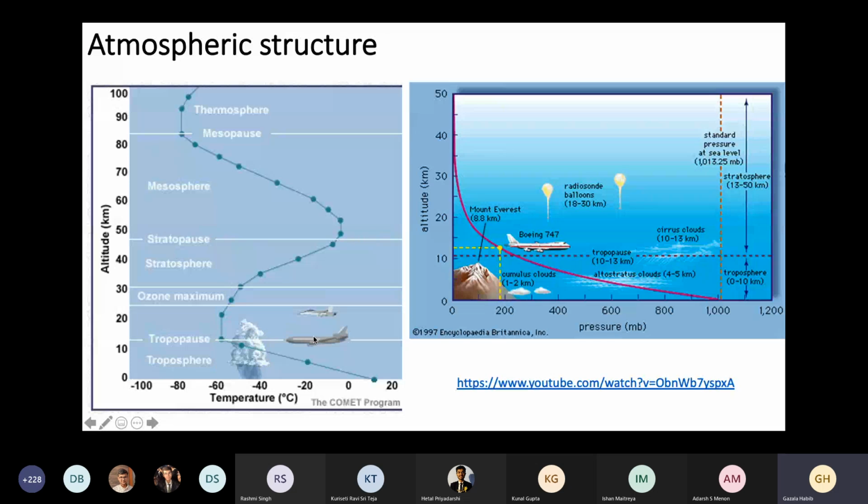So you can see the temperature in the troposphere ranges from 10 degrees centigrade at the ground to a minimum of minus 60 degrees centigrade at the top. Okay, so the temperature is reducing with height, right?